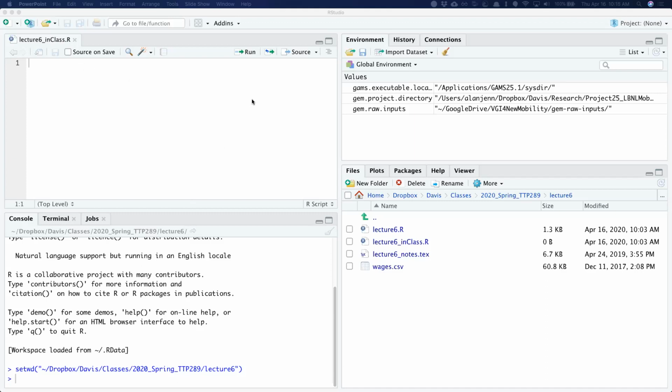So really quickly, an R Markdown file is essentially a way of creating a document that lets you tie together commentary and code all into one place.